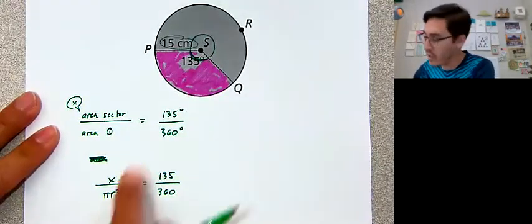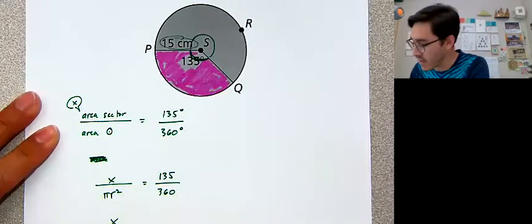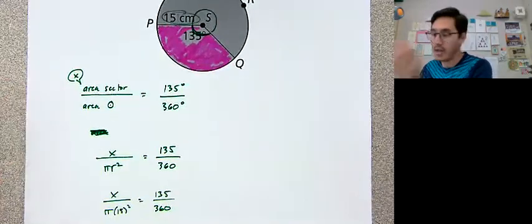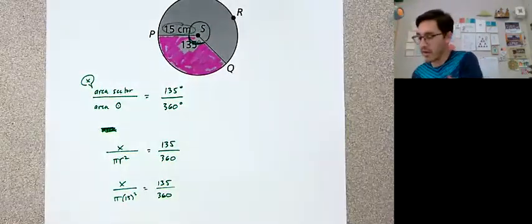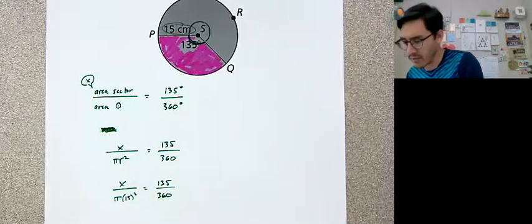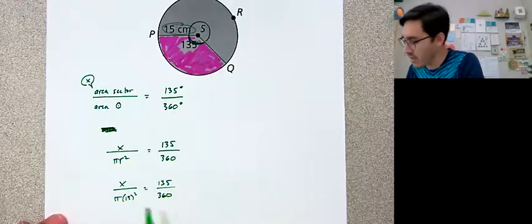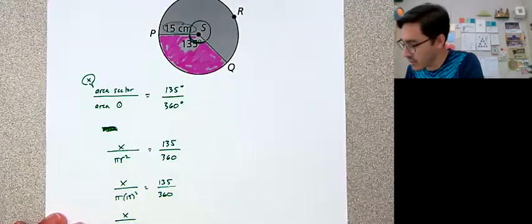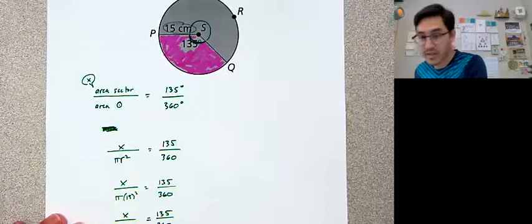Now the radius we know is 15, so we're going to have x over pi times 15 squared is 135 over 360. And then we'll just use our calculator now. 15 squared, I want to say it's like 225. Yep, it is 225. Okay, so x over 225 pi is equal to 135 over 360.